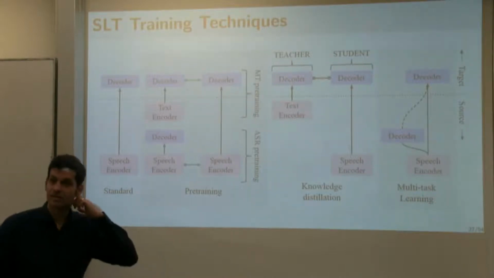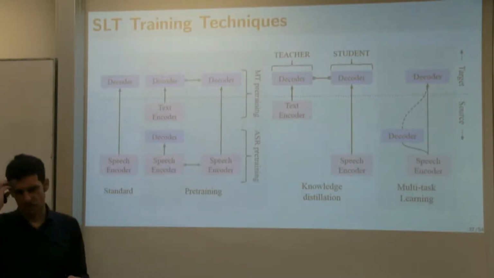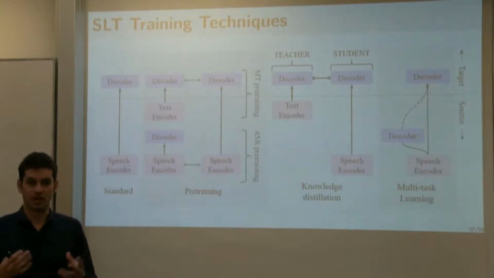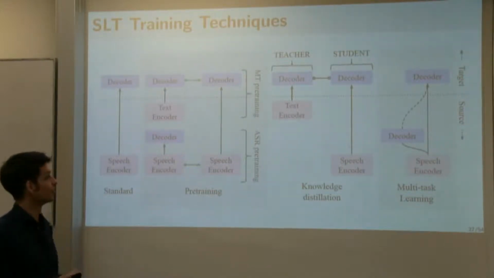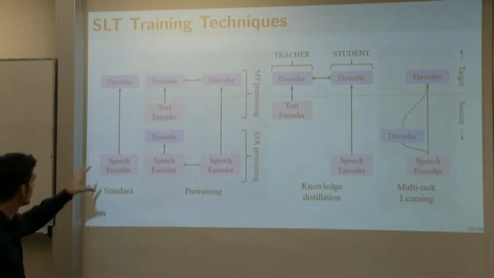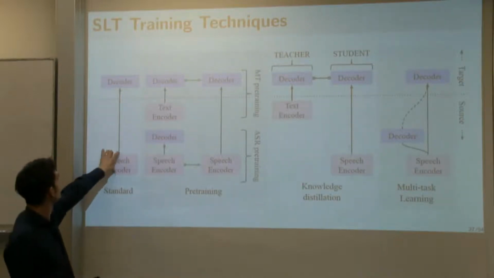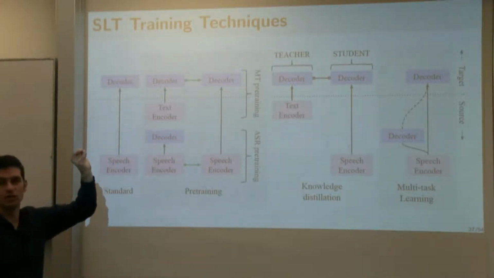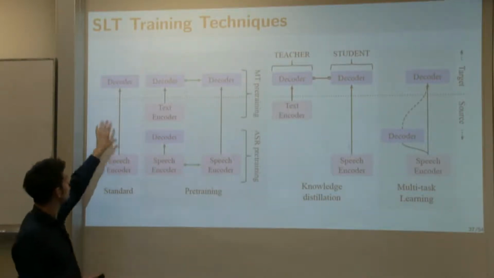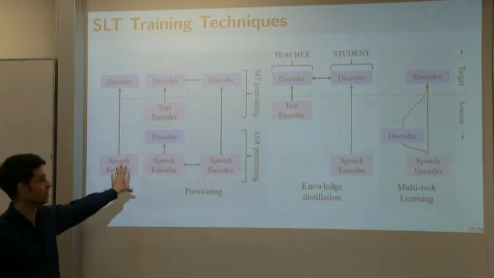So here is an overview picture of the more important approaches to the training. That's again from the survey that I mentioned at the beginning of my lecture. The standard training would be to train the speech encoder and the text decoder on the speech to text corpus or SLT corpus, but this suffers from the insufficient training data.